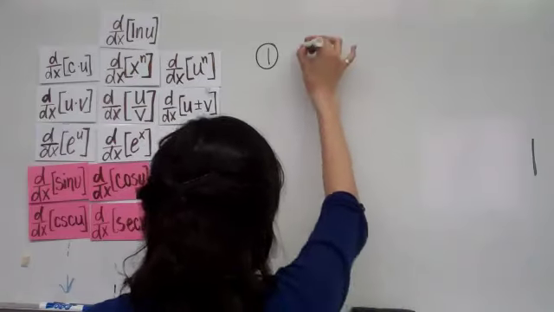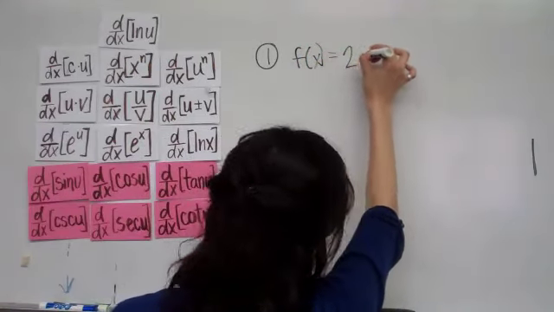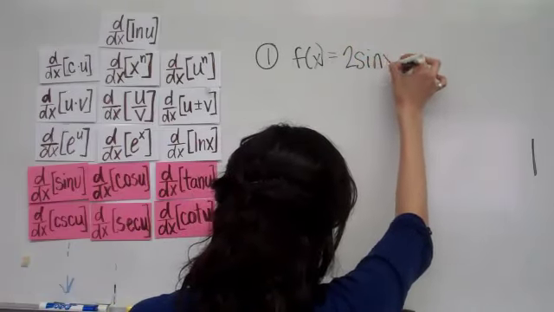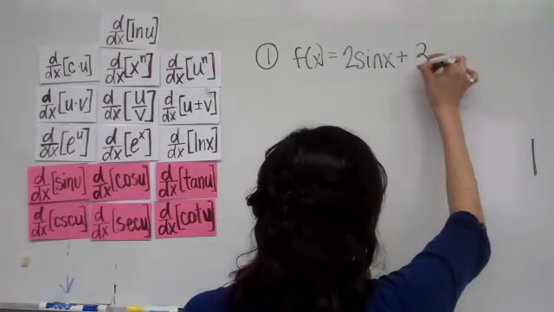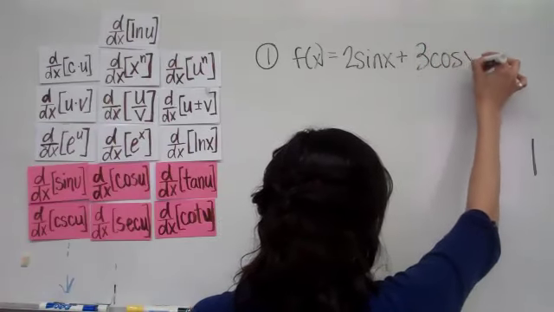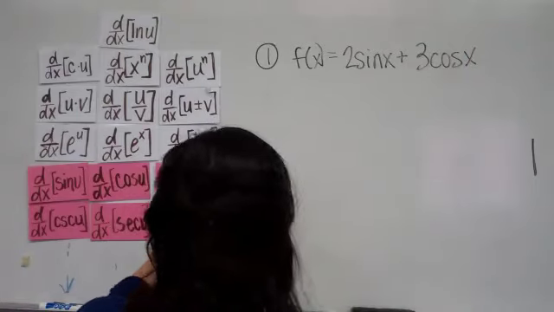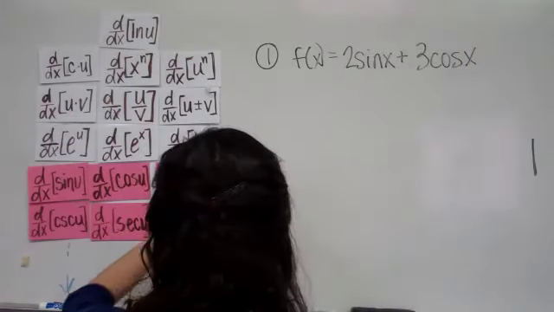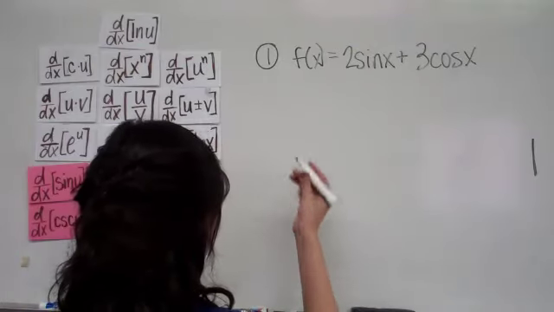And they give us f of x. Okay, so in solving this problem, what we need to realize is I have a few things going on here. I have two functions being added together, and what I'm trying to find is f prime.